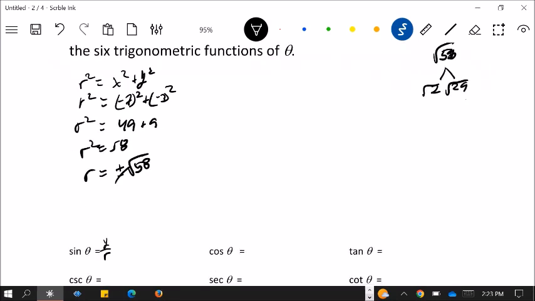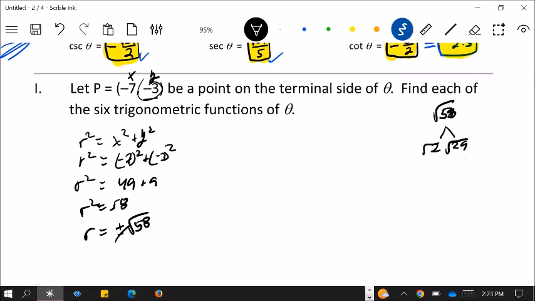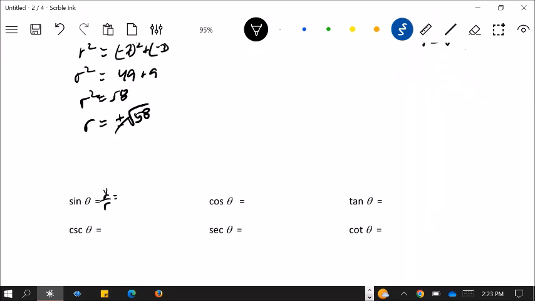But now that tells us that for the y value, it was negative 3. This is negative 3 over root 58. But we have to rationalize it. So we multiply by square root of 58 over square root of 58. I think I can write those a little neater, so I will very quickly do that here.